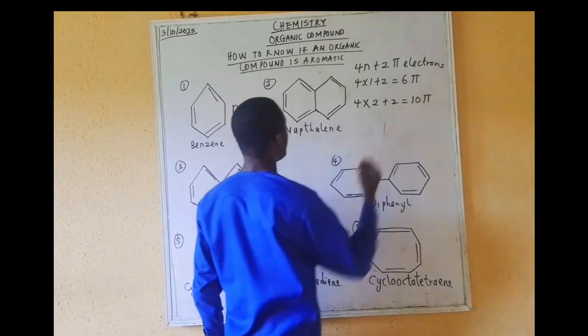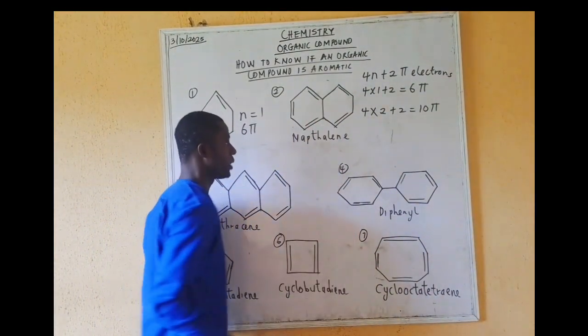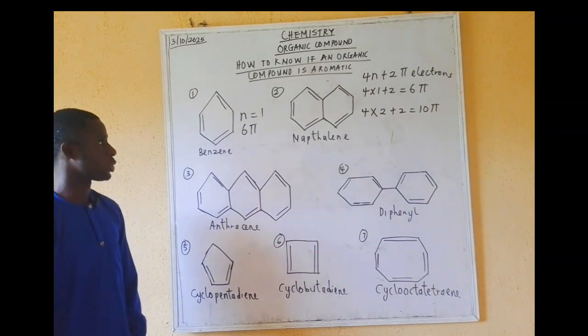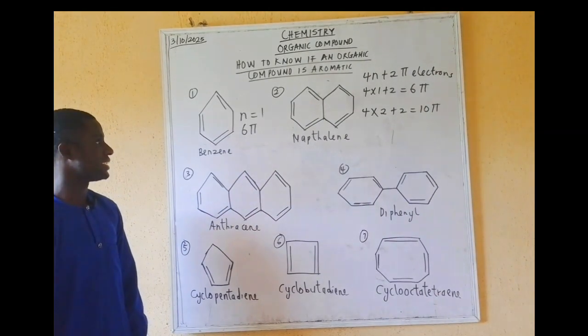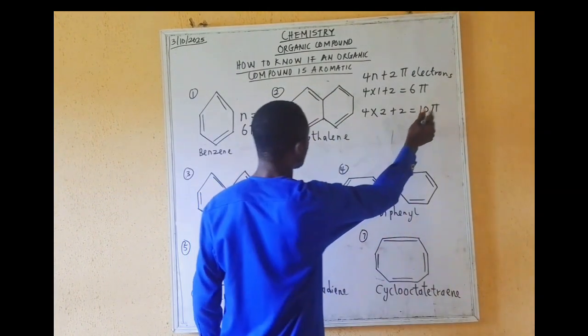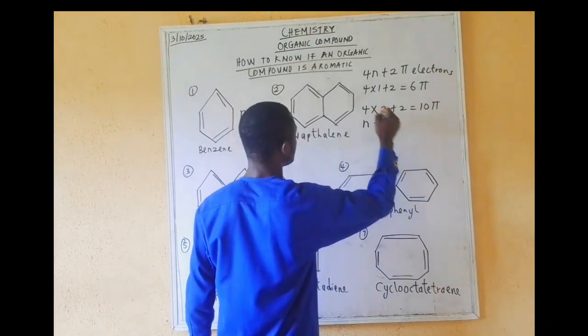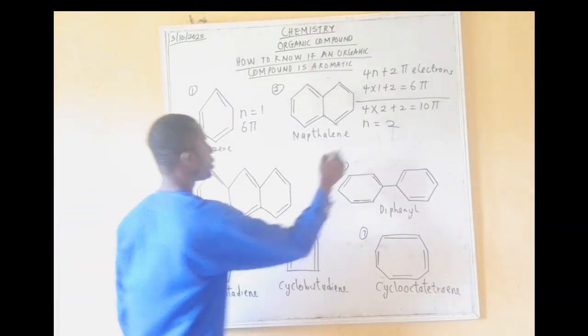And if you look at this structure, this 1, 2, 3, 4, 5, that gives us 10 pi electrons in that system. So this one also obeys Hückel's rule. That means here our n is equal to 2. Let's go to the third one.